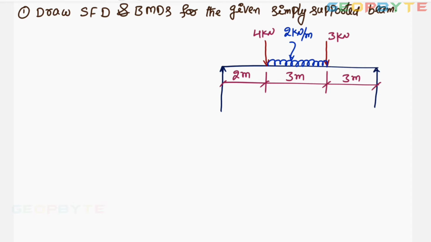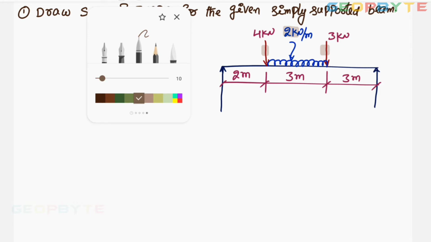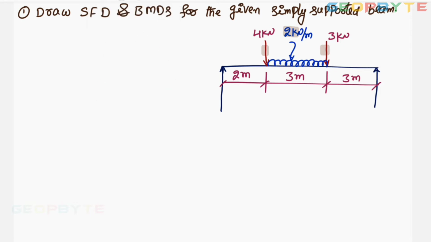It consists of two point loads, 4 kilonewton and 3 kilonewton. These two are point loads and one UDL is also there. This is the UDL, 2 kilonewton per meter. For this beam, you are asked to draw the shear force diagram and bending moment diagram.